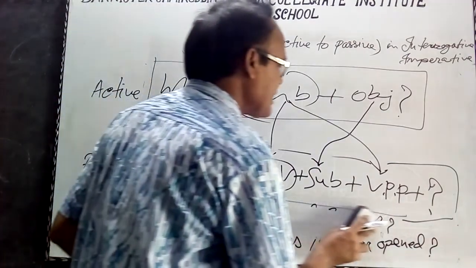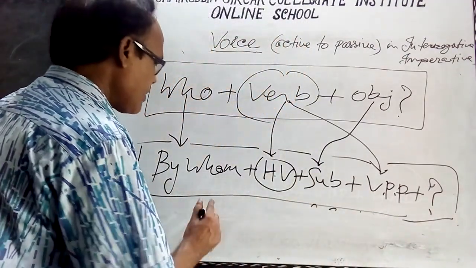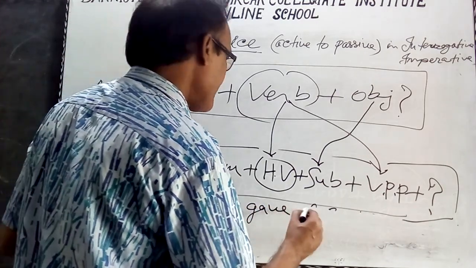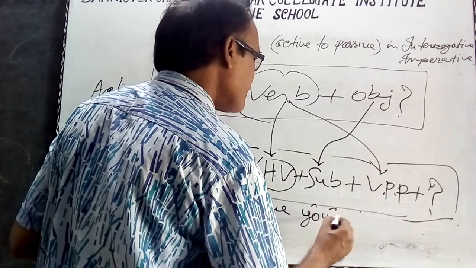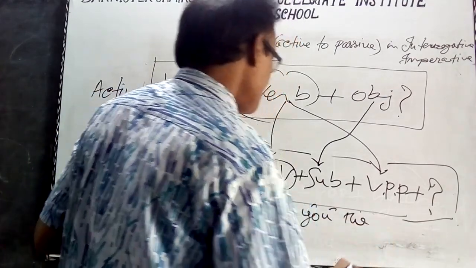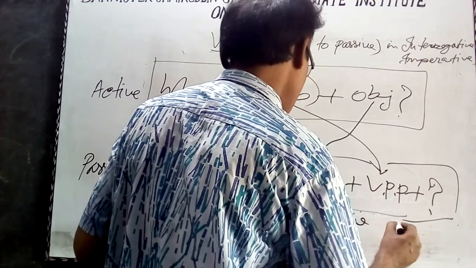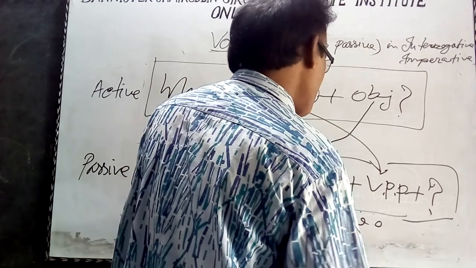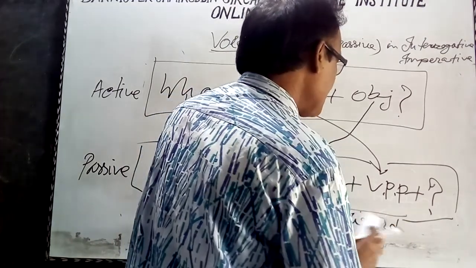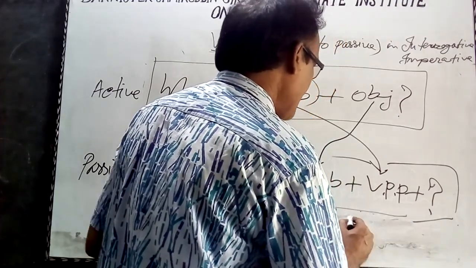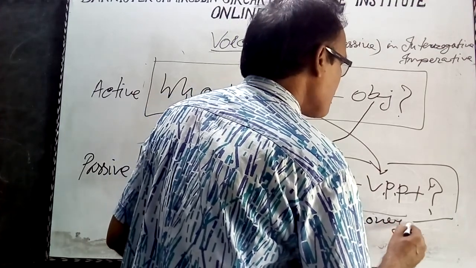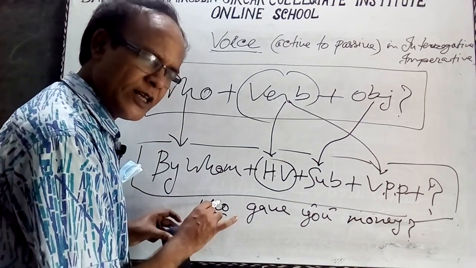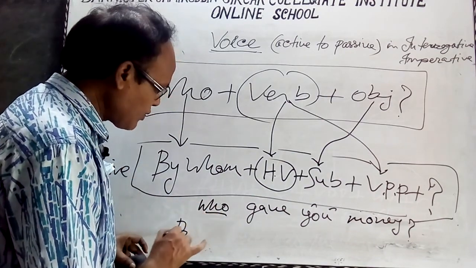And another example you can see. Who gave you money? So here, as the sentence begins with who, we must begin with by whom.